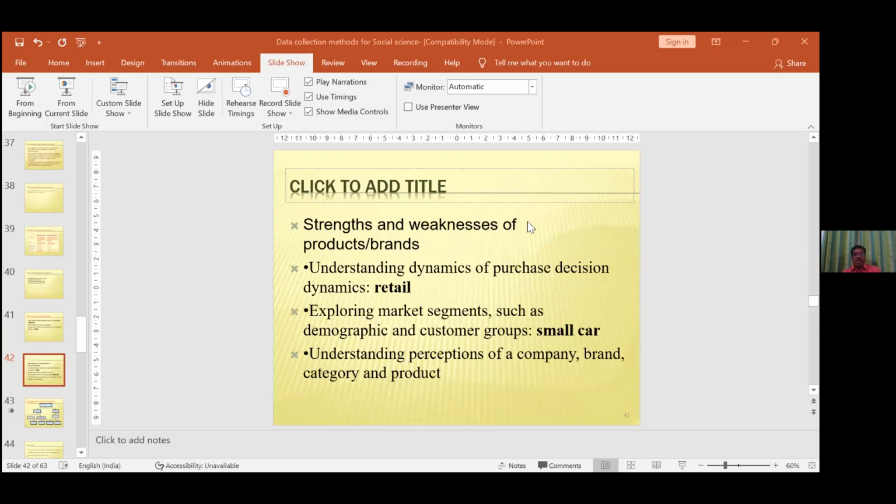Similarly, you can also explore markets such as demographic and customer groups. See, about 10 years back, Tata introduced one new car, the Tata Nano. It's a small car. How did they get this kind of idea? Only because of qualitative research. You can also understand the perception of the company, the perception of the brand, or the perception of the category and product.